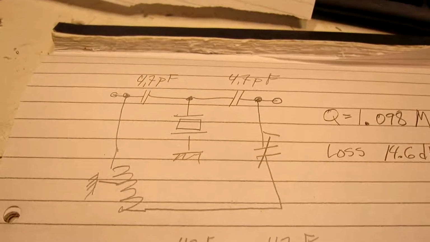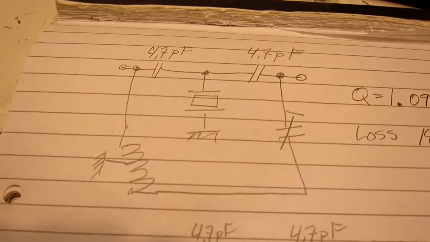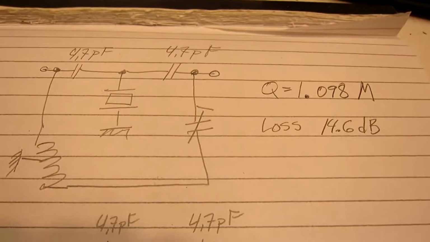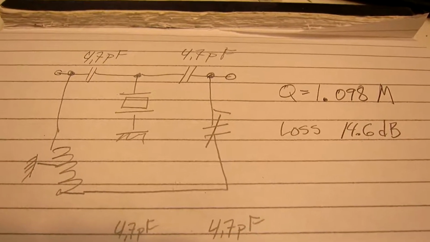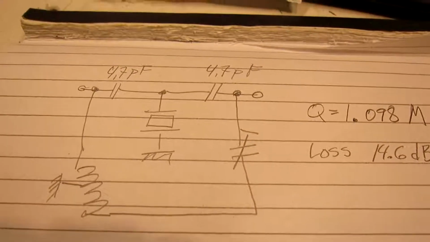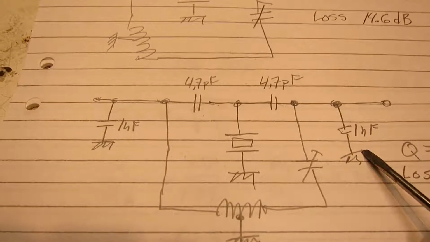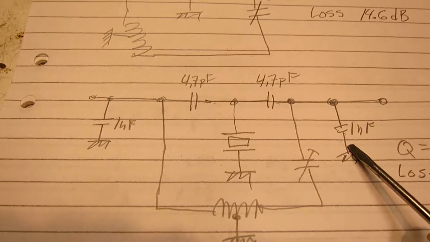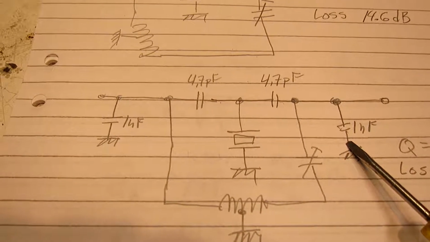I tried to put coupling to input and output through 4.7 pF, and that degraded Q down to a little bit above 1 million with a loss of 14.5 dB. So I put 1 nanofarad to ground on each side to make the coupling to the source and sink of the filter much smaller.